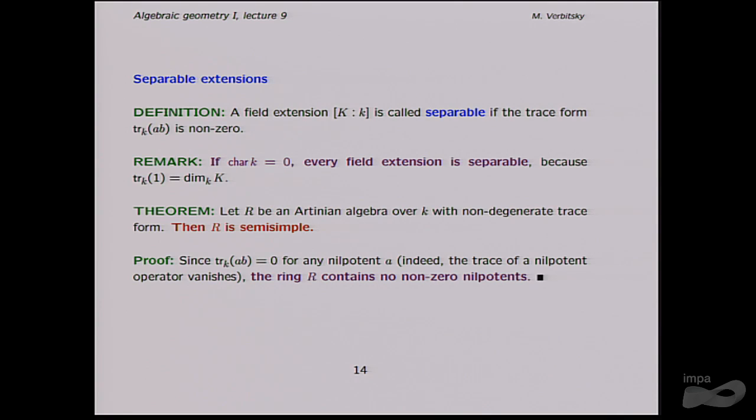So, definition: a field extension K over small k is called separable if the trace is non-zero.